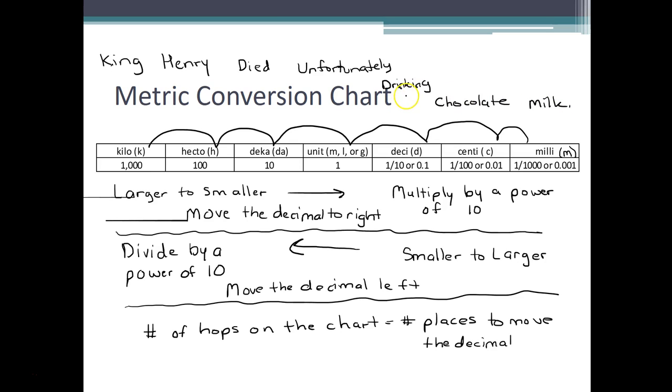That might be a way to help you remember the order and how to do the chart. King for kilo, Henry for hecto, died for deca, unfortunately for units, drinking for deci, chocolate for centi, milk for milli. So maybe that little saying. There's other sayings too. Maybe that one will help you remember the chart a little better. And if you can just lay out your chart and then use that for your conversions, you should be good to go.